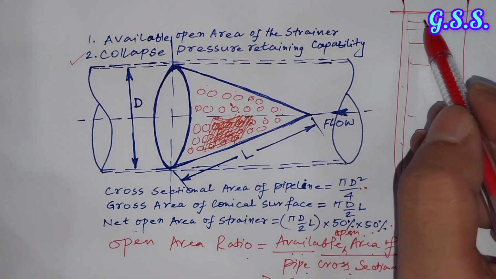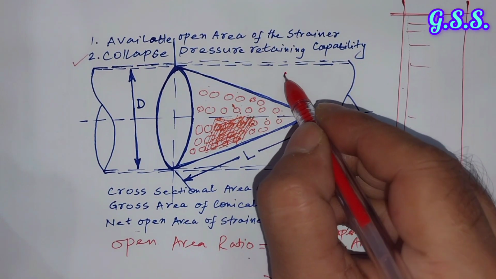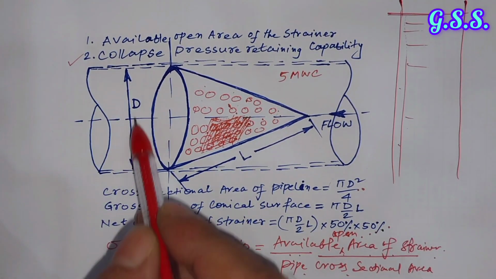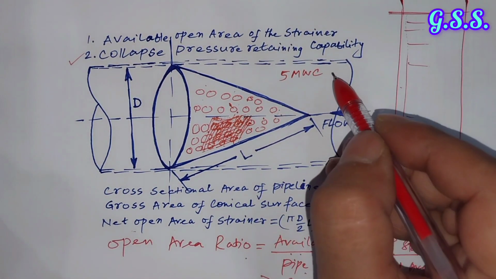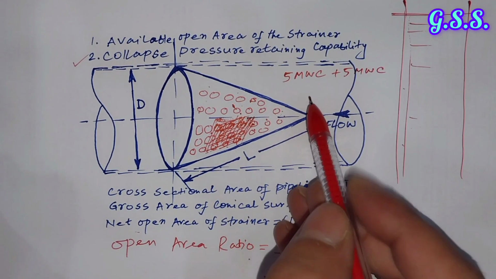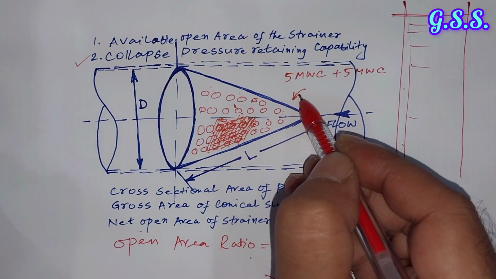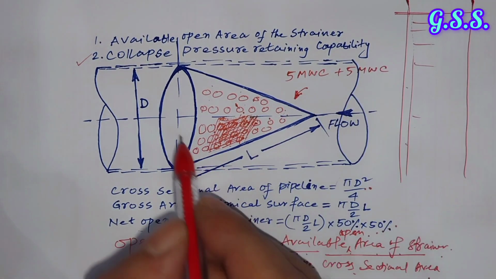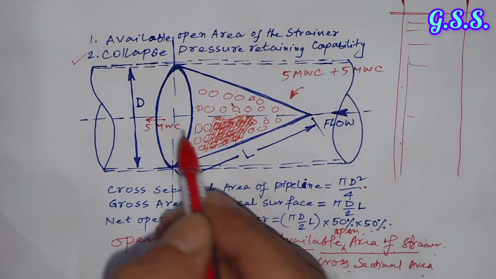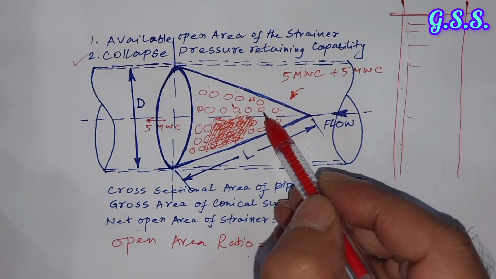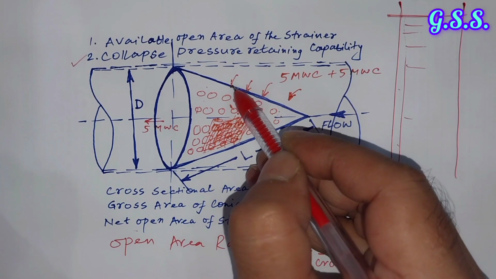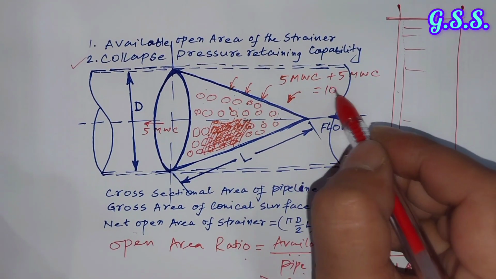If in this side water head is 5-meter water column, and in this side pump's required NPSH is 5-meter water column, then this side is positive pressure 5-meter water column, and this side is negative pressure of 5-meter water column. So 10-meter water column acts over this strainer, external force of 10-meter water column.